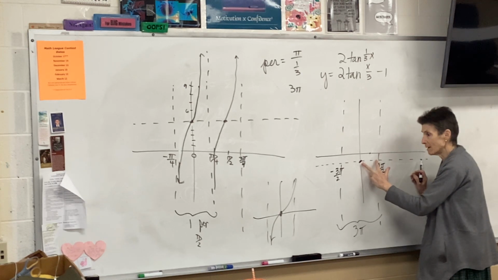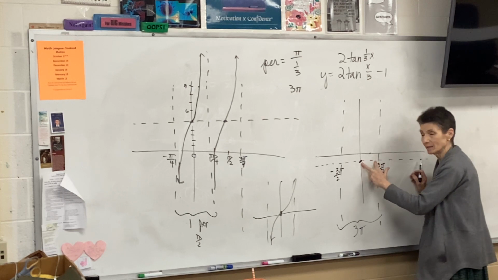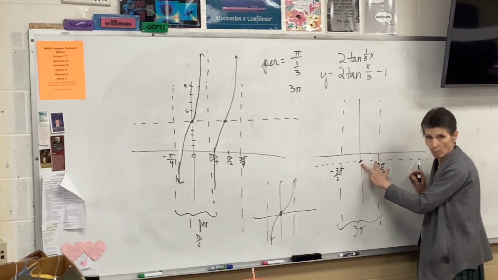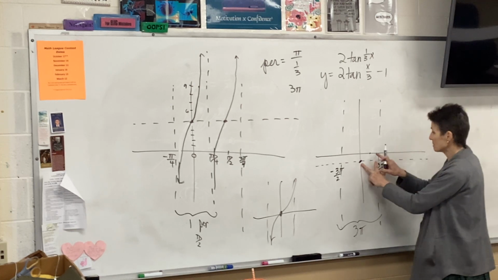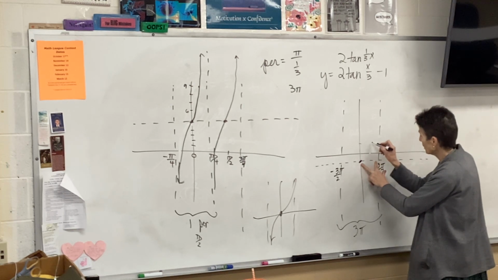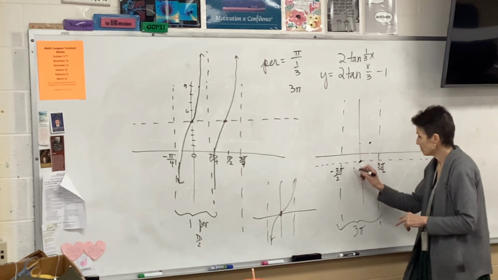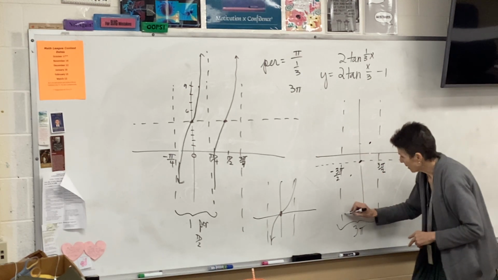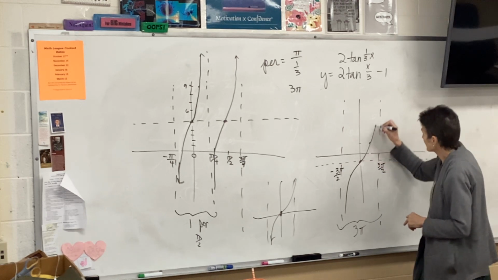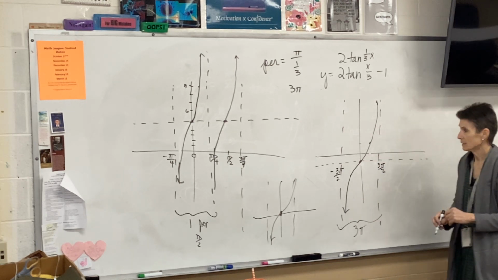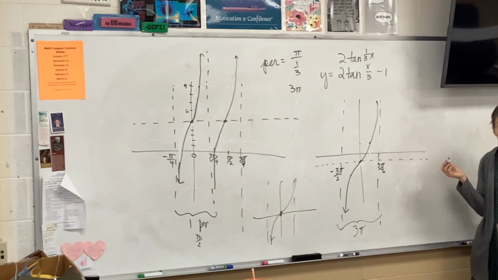The point that's in the middle of these two should be up 1. But this one has been times by 2, so that point is actually up here. And this is the same thing but negative. So now I can sketch in my curve. See how easy it is?